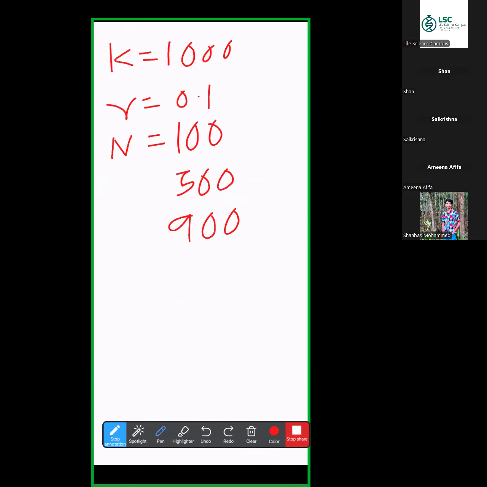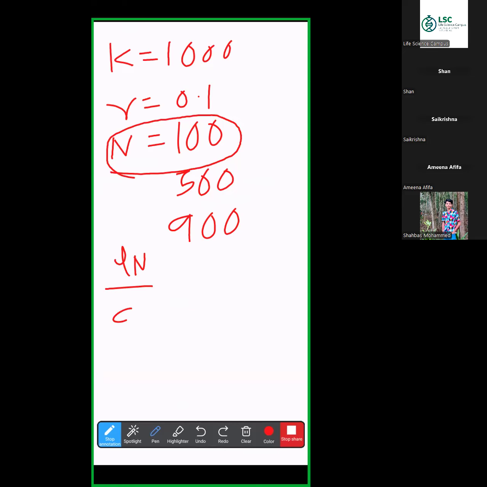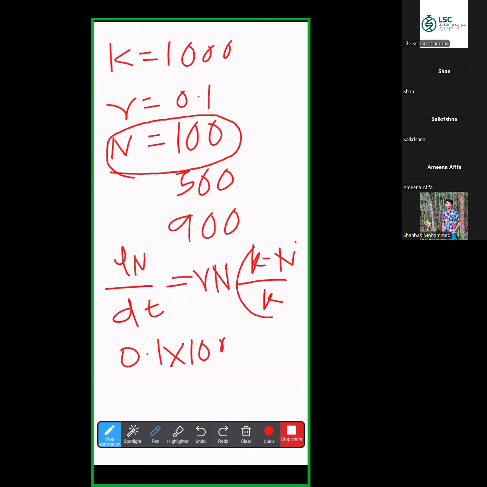First substitute N is equal to 100. One I will do for you. Our equation is dN by dt is equal to RN into (K minus N) by K. So we have R value as 0.1 and N value 100 into (K minus N) by K, that is (1000 minus 100) by 1000.